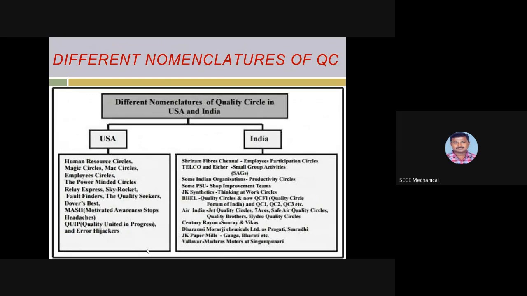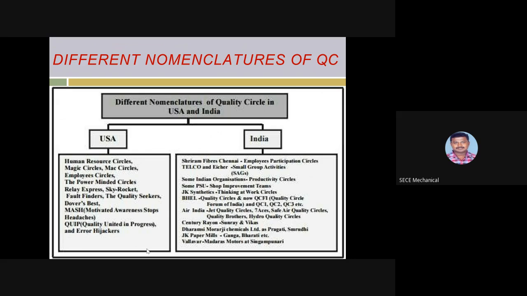And these are the different nomenclatures of quality circles in USA and India. In USA: human resource circles, magic circles, mac circles, employee circles. So you can see a lot of nomenclatures; they definitely differ between the US and India based on the country's growth.